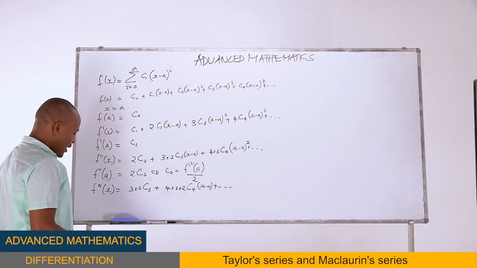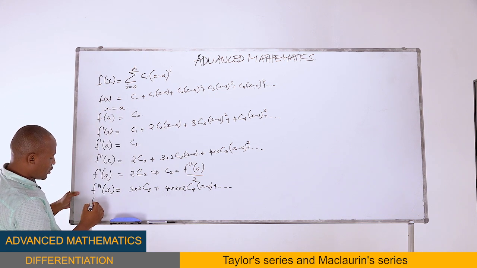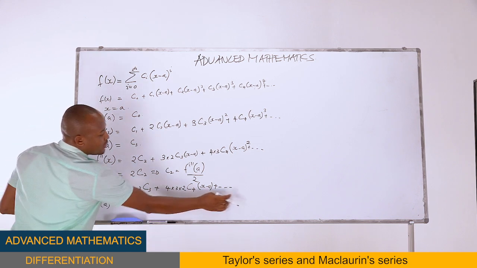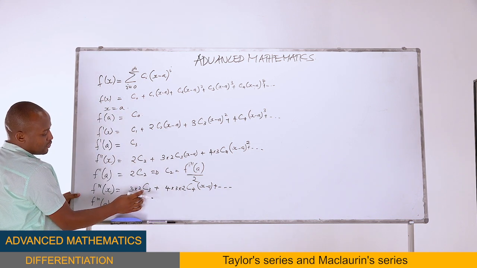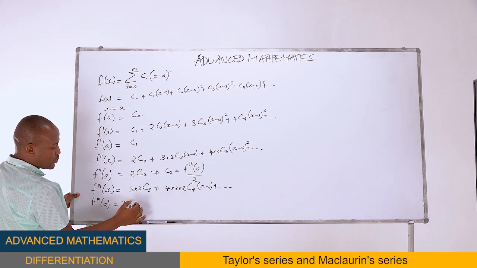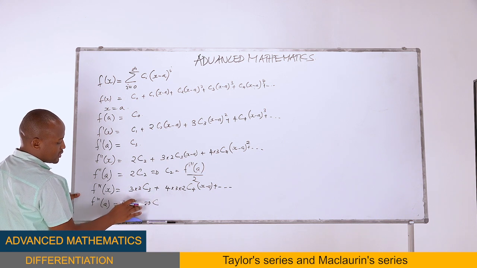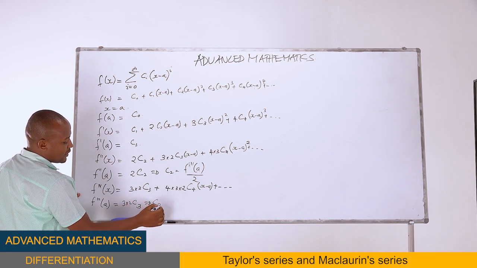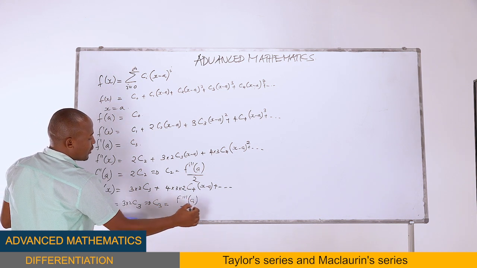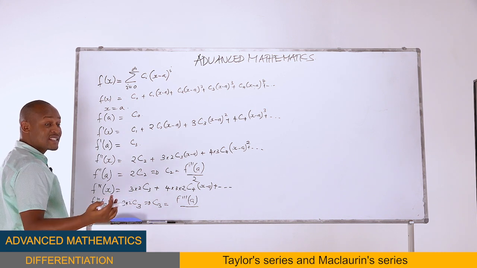It goes on. Now let's evaluate this at x equal to a, therefore we are going to have something like that. All of these will go, and if you look carefully, you will find it is 3 times 2 c sub 2. That implies the value of c sub 3 is the third derivative of the function evaluated at a, and if we multiply by 1 there, it's still the same.